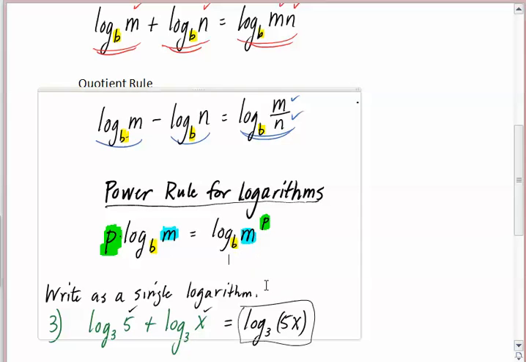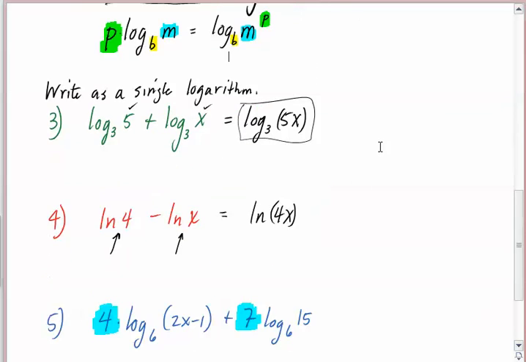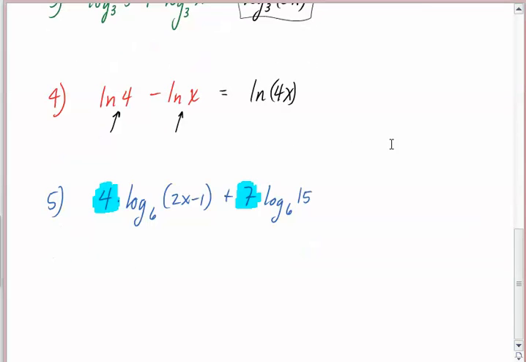And so let's take a look at what this really means. Looking down at this one here, I'm allowed to take this 4 and make it the exponent for that argument. Now, why in the world am I doing that?